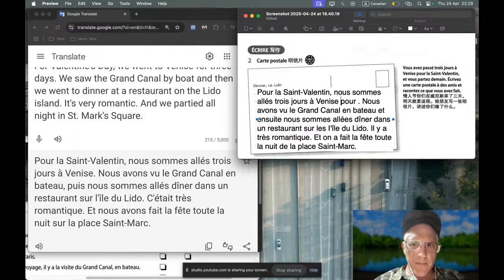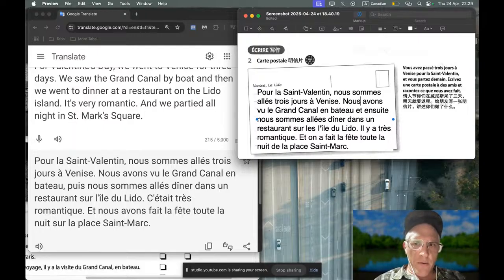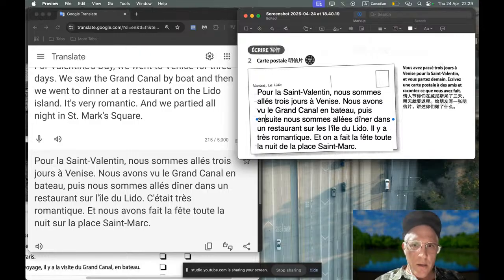À Venise. Nous avons vu le Grand Canal en bateau, puis ensuite nous sommes allés dîner dans un restaurant sur l'île du Lido.